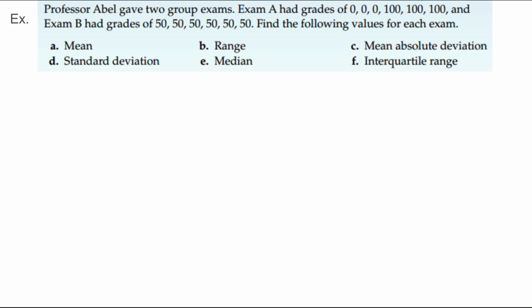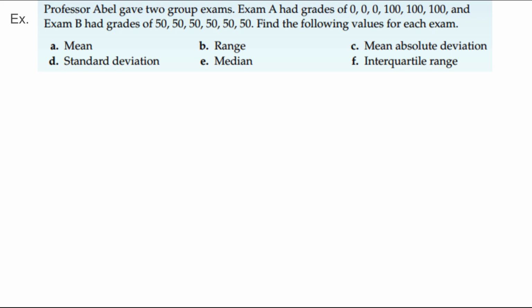In contrast, exam B has mean 50, mean absolute deviation 0, and standard deviation also 0. Its median is 50 with an interquartile range of 0. All of these descriptors for exam B show, what do they show? That there's very little spread of the data from the mean and the median, right?